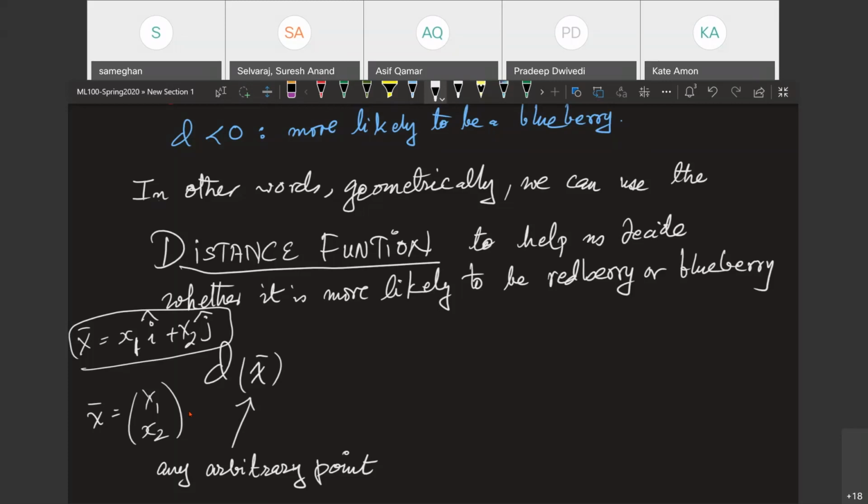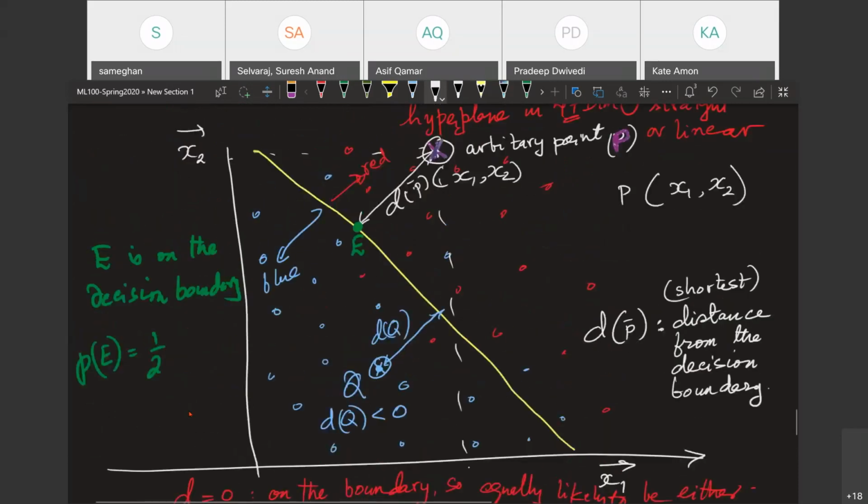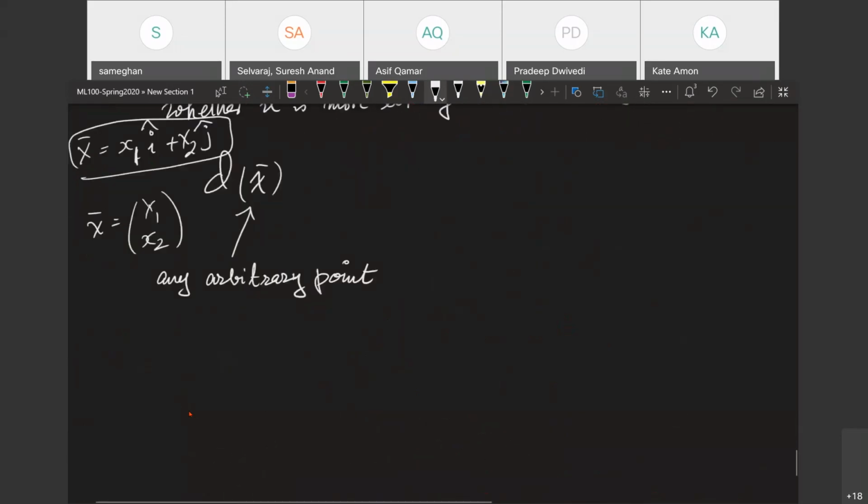Now comes an intuition that we have to develop, and this is the crucial intuition. As d increases, you know that it becomes more probable that it is a red. Let's think in terms of probability.